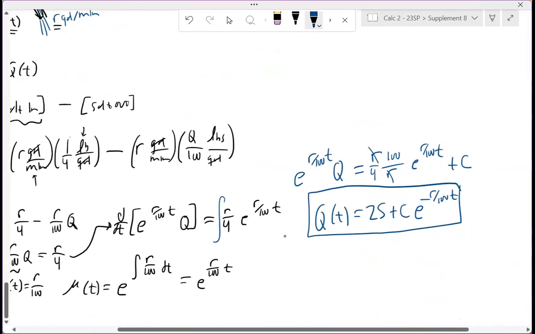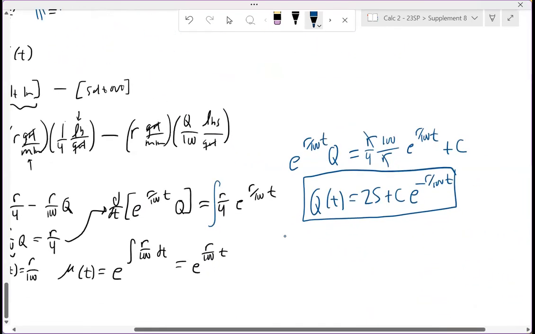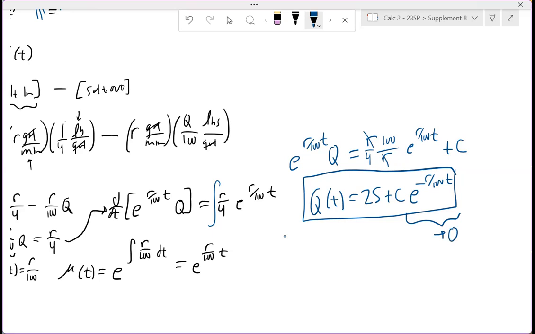In the long run, as t goes to infinity, I note that this e to the negative R over 100t, R is a positive number. So this is a negative exponent getting larger and larger negative in the top of an exponential. This is going to go to 0. Whatever my arbitrary constant is, to match some initial conditions, doesn't really matter.